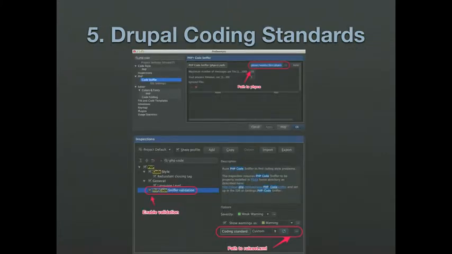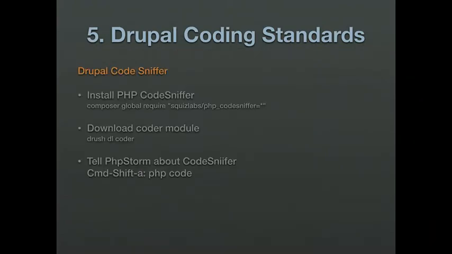So for the sniffer, to set that up, you select code sniffer. Again, I like to do the Control-Shift-A to find it. You do have to install PHP Code Sniffer. I did that through Composer. And then you install the coder module, which has what's called the rule set for sniffer, so it knows what it's looking for. And then you tell PhpStorm about it.